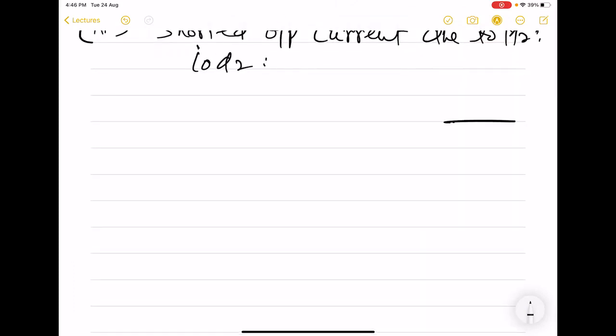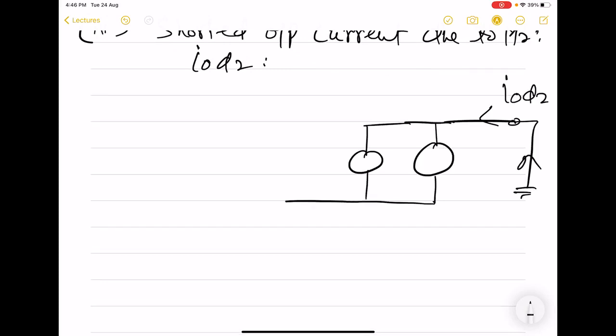So now we include the noise source only for the MOS 2, which is ID2, gm2 VGS2.